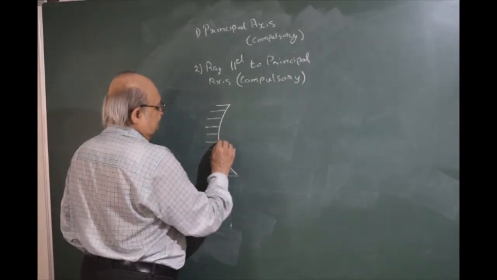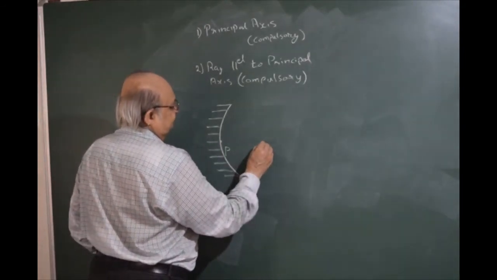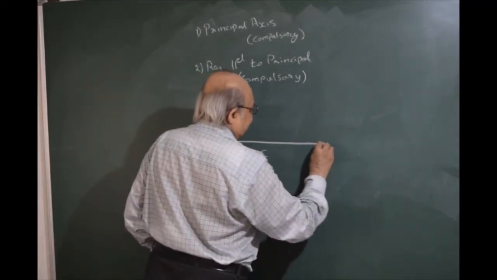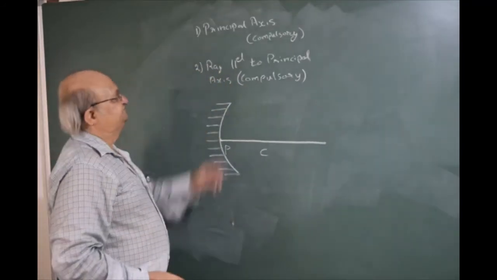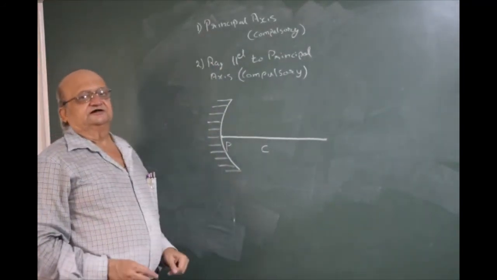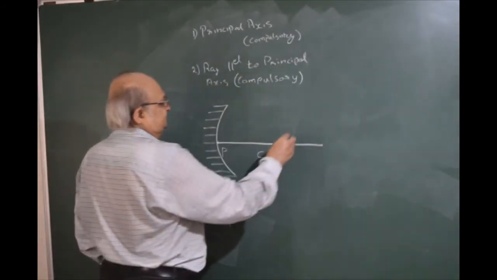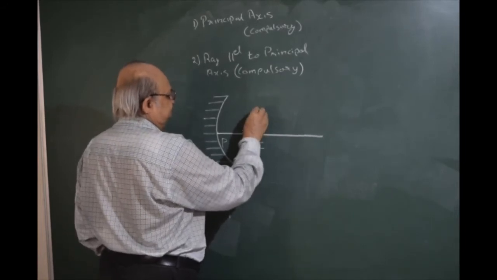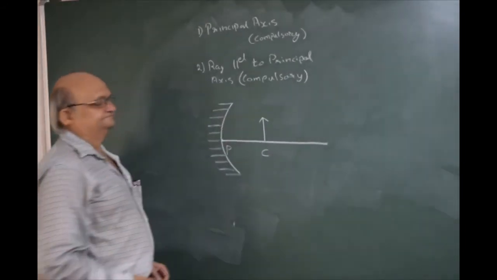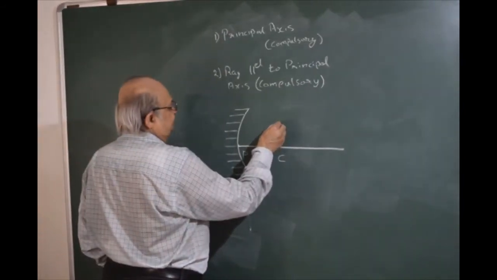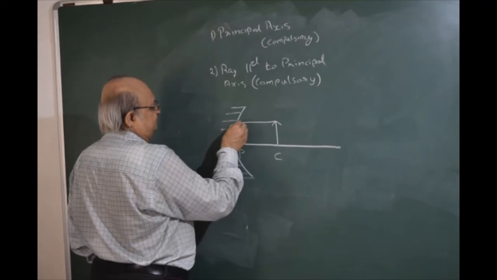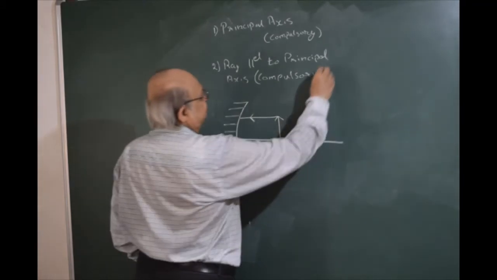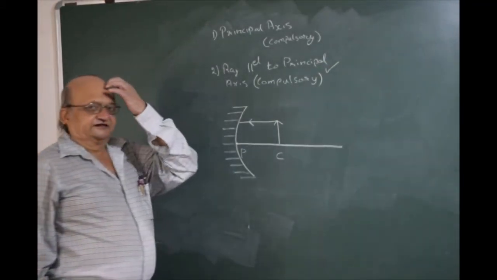We will have the pole somewhere here, the center of curvature somewhere here, the principal axis. So we have drawn the first compulsory ray. The object will be somewhere, let us put it on C. The incident ray parallel to the principal axis, the second ray drawn.